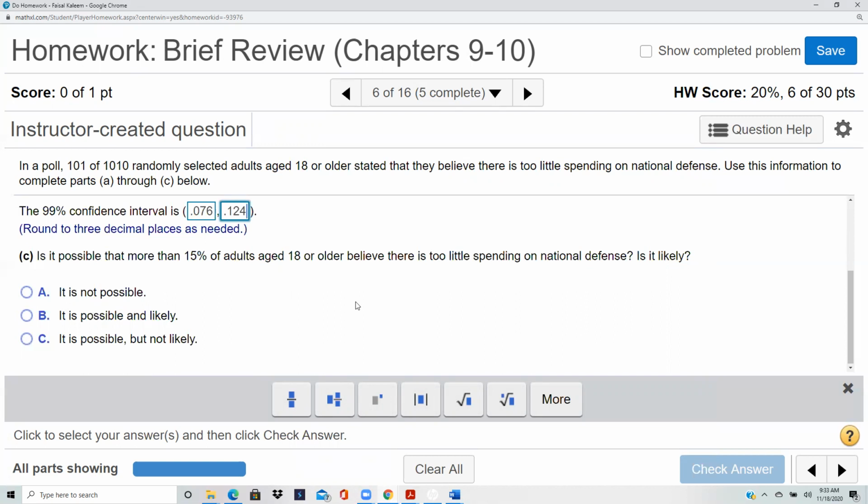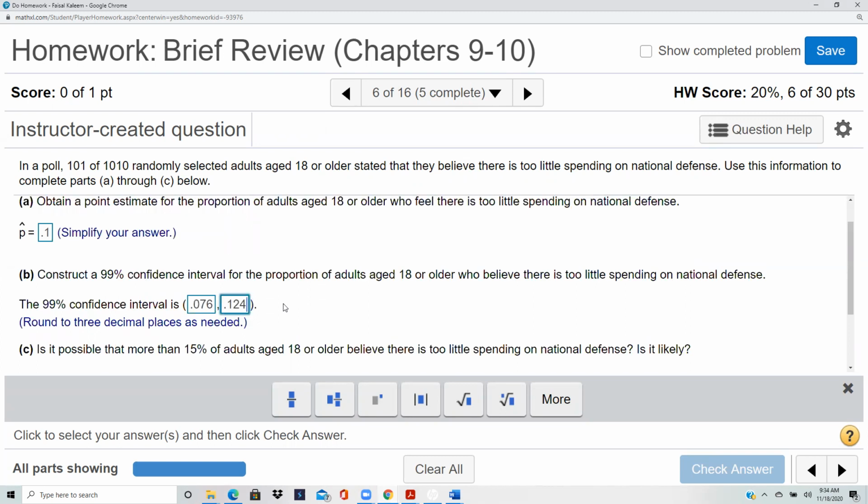Is it possible that more than 15% of adults believe there is too little spending? Is it likely? More than 15%. Okay, so what is this confidence interval telling us? That's the lower limit and the upper limit.